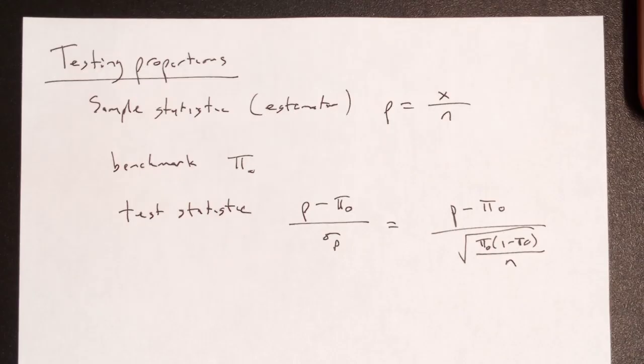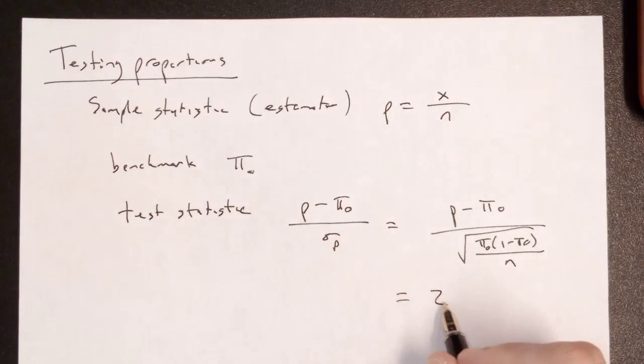So I'm going to use z here. This is a z-calculated statistic, and I'll call it the same way we did before, a z-calc. In spite of the fact that it's for a proportion, the setup from here on out is exactly the same.